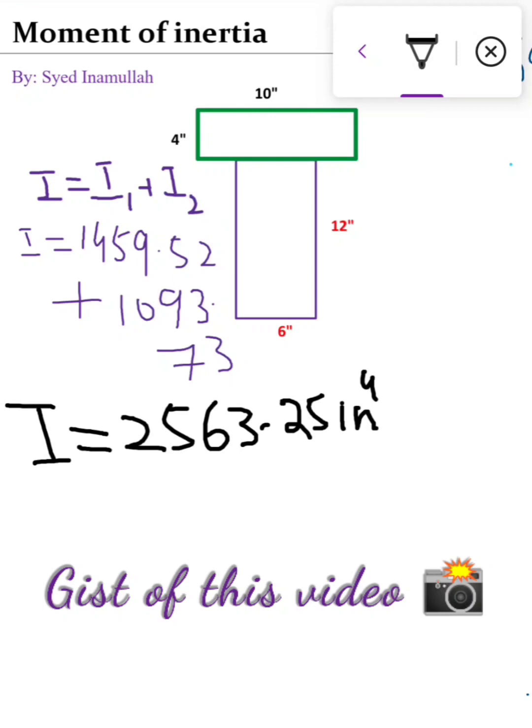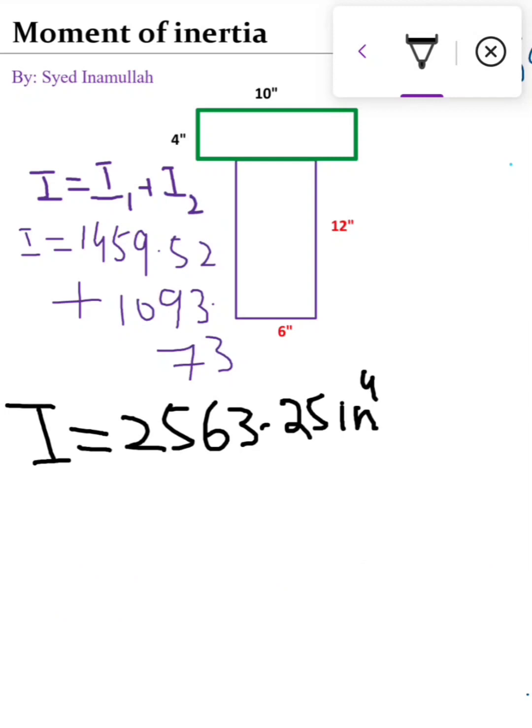And in the last step, for the combined moment of inertia, we will just add the moment of inertia of rectangles 1 and 2. We will get the total moment of inertia, which is the internal resistance, the internal capacity, the ability of a body to resist bending. This is the whole procedure and concept behind the calculation of moment of inertia.